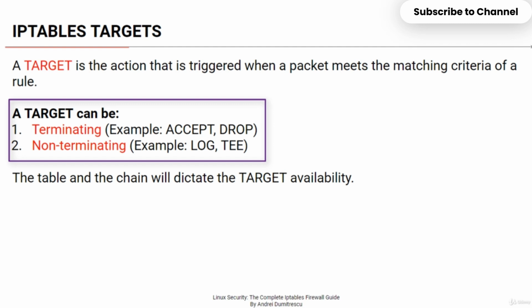Each chain must eventually pass back a final termination decision, but any number of non-terminating targets can be executed before that. LOG is such a non-terminating target. For example, if the matching criteria of a rule is LOG, the packet is logged and then the next rule within the chain will evaluate the packet.